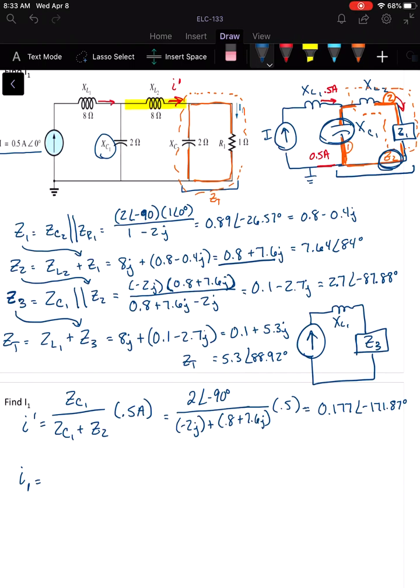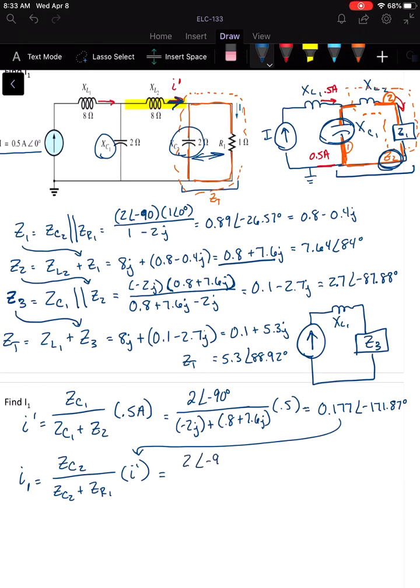But remember, to find that, I'm going to take this impedance over the sum times the current coming in. So that would be ZC2 over ZC2 plus ZR1 times that I prime that we just found. So ZC2 would be the 2 at negative 90.